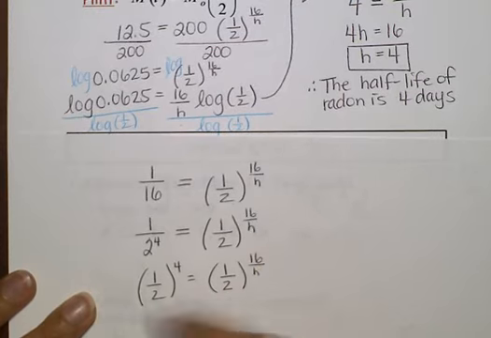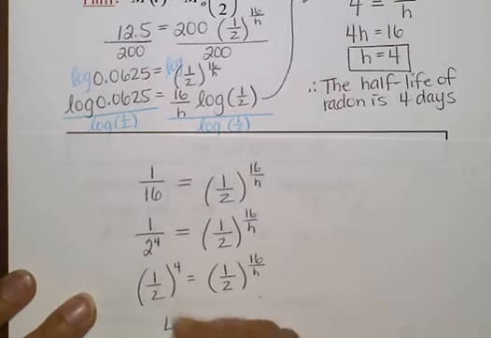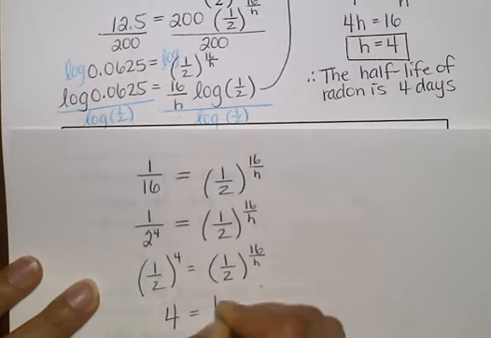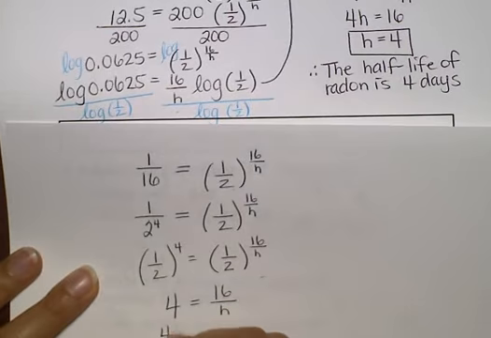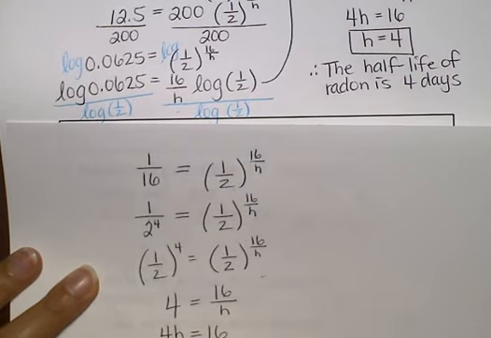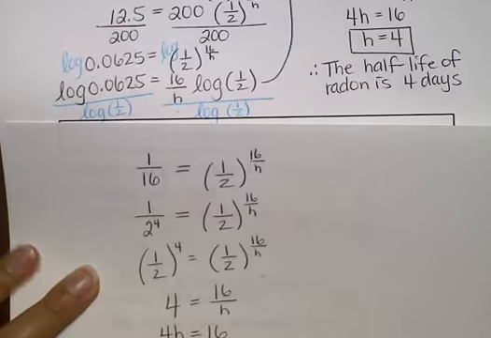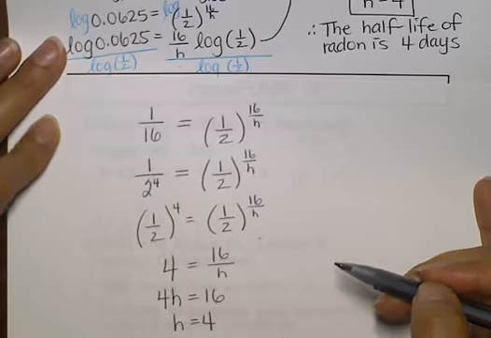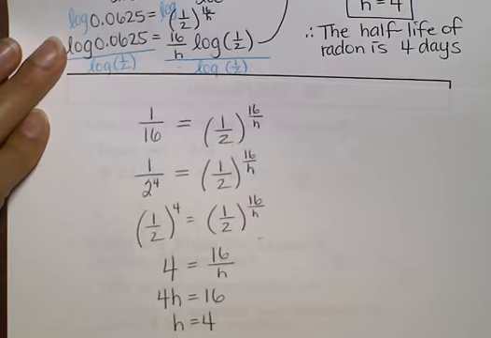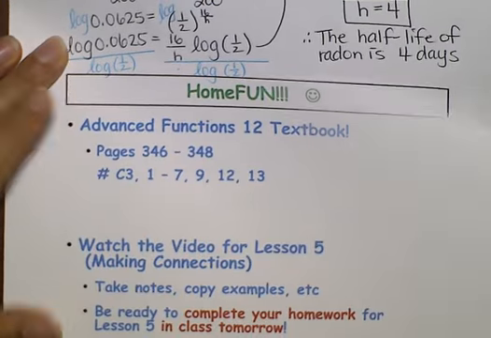Because the bases are the same, I know that the exponents must be equal to each other. And so I get the same thing as before: 4h equals 16, which means h is equal to 4. So even without using logarithms, I was able to solve the same problem just using the exponents that we looked at last year. Okay? And that's the end of it.